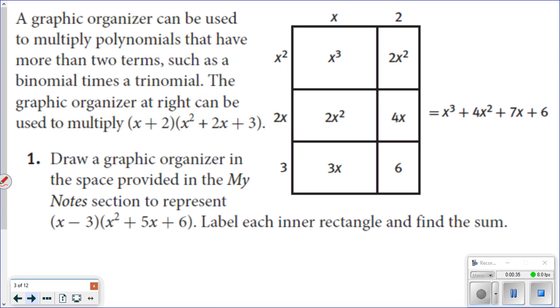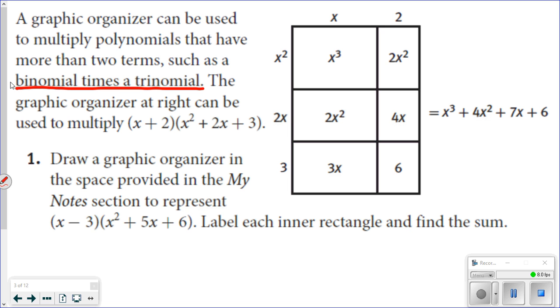So the box method can be used to multiply when we have more than two terms. Thus far, we were just doing a binomial times a binomial, a 2 by 2. But sometimes we can have a binomial times a trinomial.